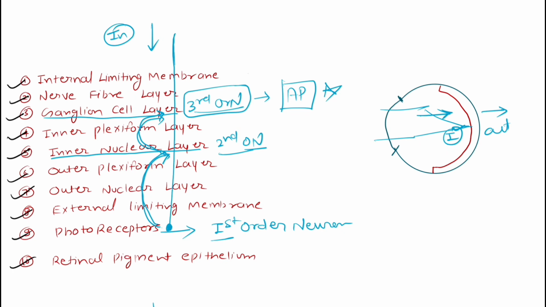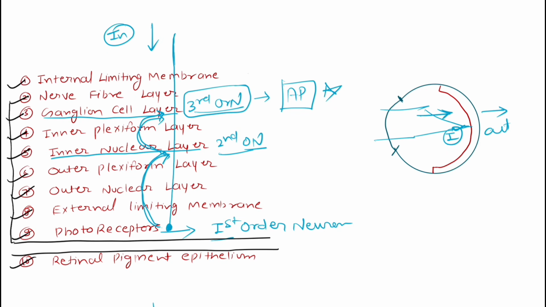Now, we have talked about the layers and some specific words about them: the first order neuron, second order neuron, and third order neuron. Let's see some more things about the retinal layers. We have already made the layers, but there is a gap between the ninth and 10th layer. You can see it here. What is this?